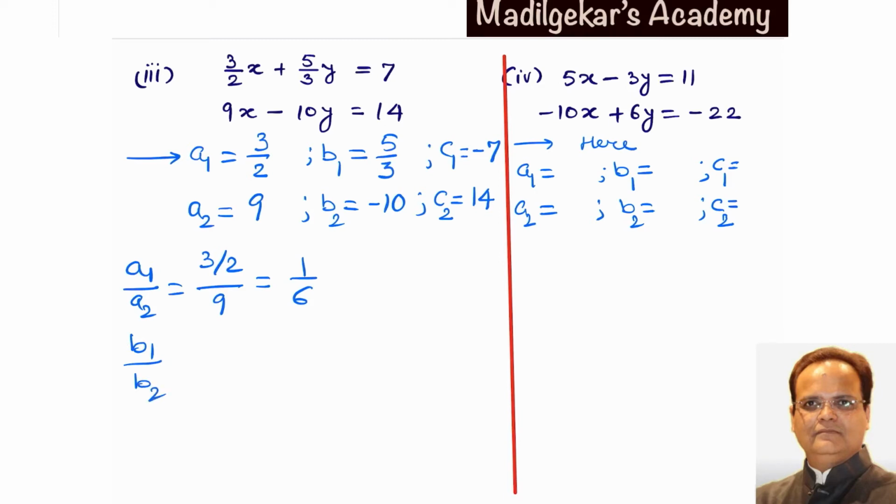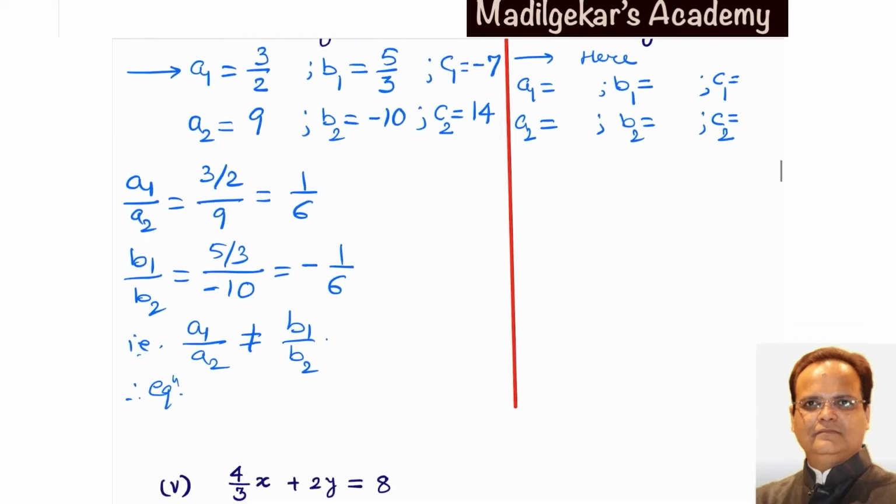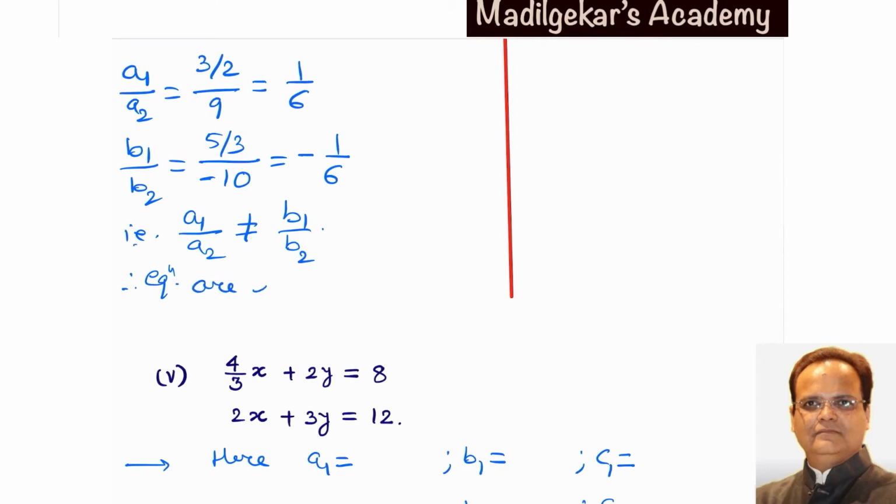B1 upon B2, it is 5 by 3 upon minus 10, that is minus 1 by 6. That is, A1 upon A2 is not equals to B1 upon B2. Therefore, equations are consistent and have unique solution.